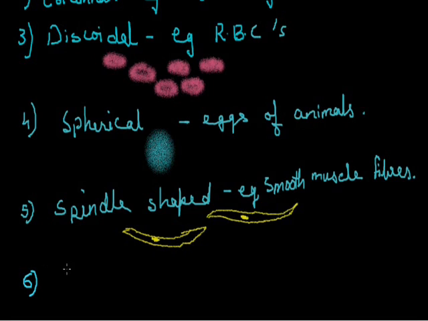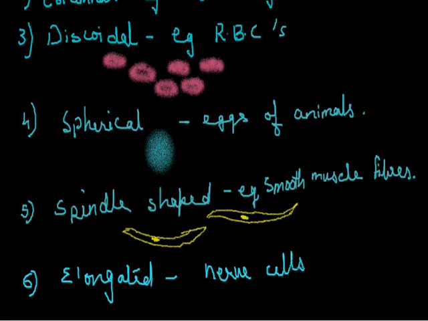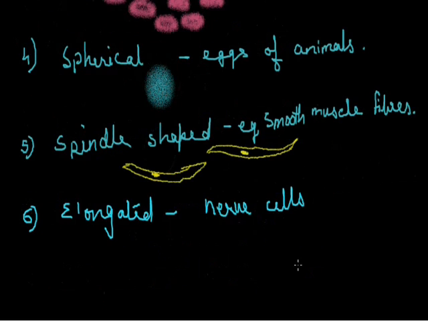The sixth shape that a cell can have is elongated. And the examples of these are the nerve cells. The nerve cells are elongated and they have a structure like this.